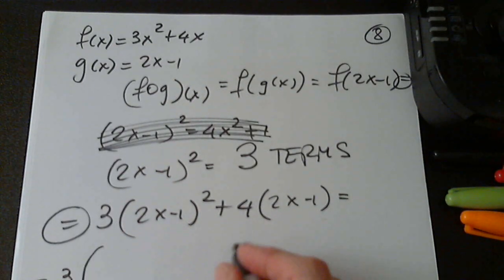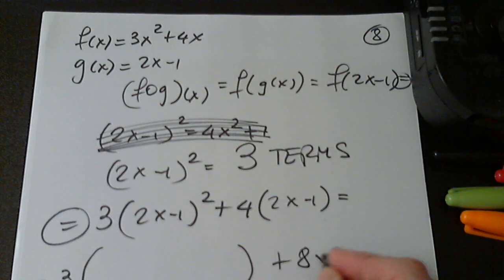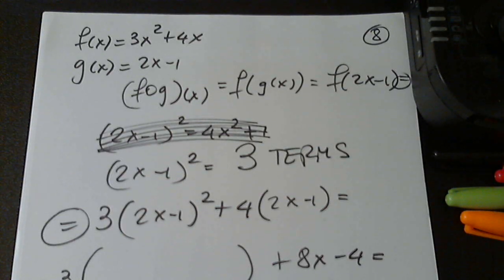Can anyone give us those 3 terms for squaring 2x minus 1? Can anyone give us 3 terms here so we can continue?